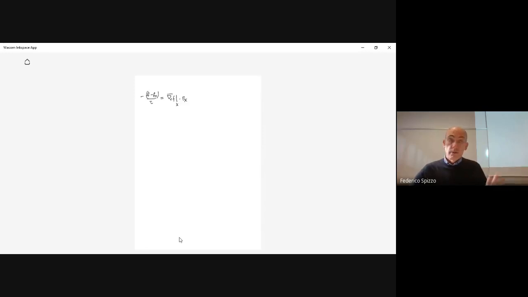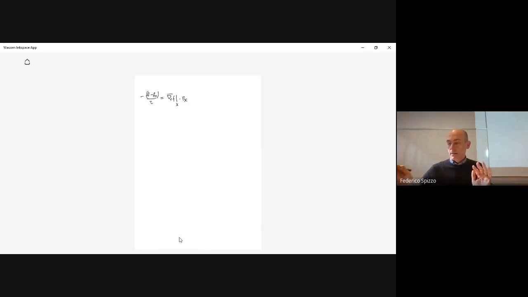Now, on the left side, I have F minus F0, so the out of equilibrium distribution minus the equilibrium distribution function. On the right side, I have F, the out of equilibrium distribution function.